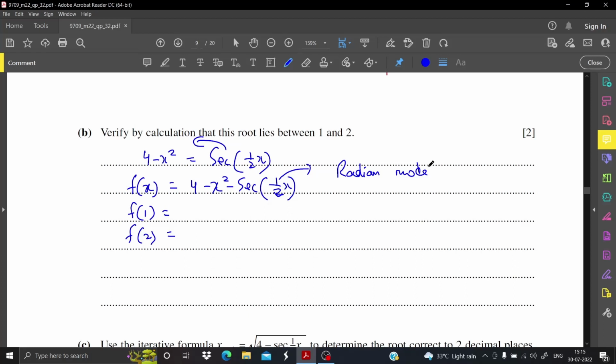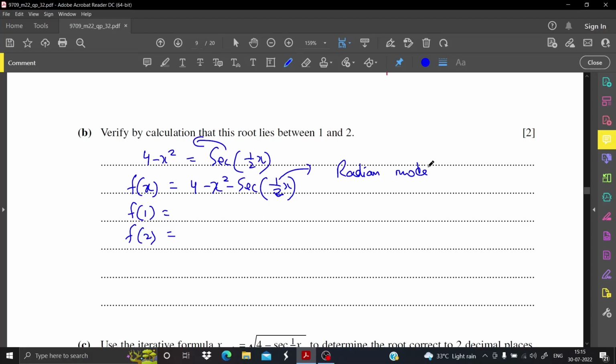Now when I plug in x equal to 1, I would get, since you don't have the option of secant in the calculator, I can use a fraction key and use the reciprocal.